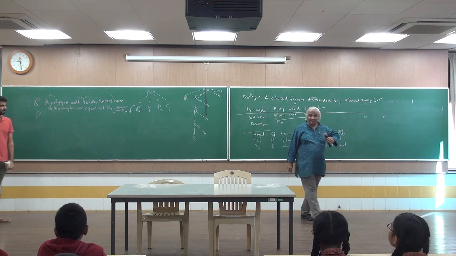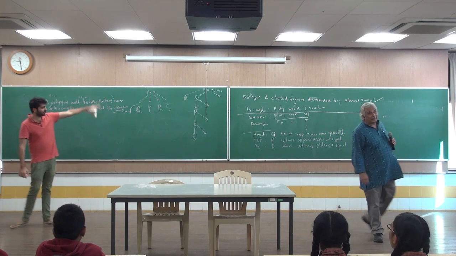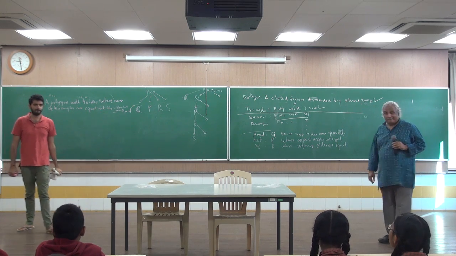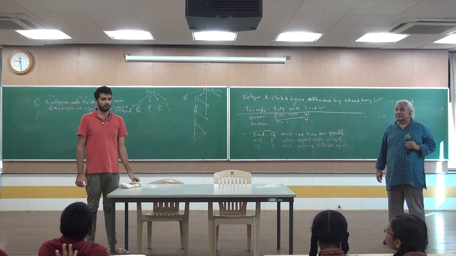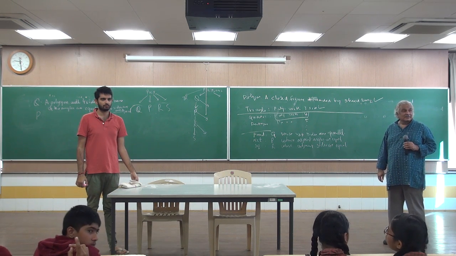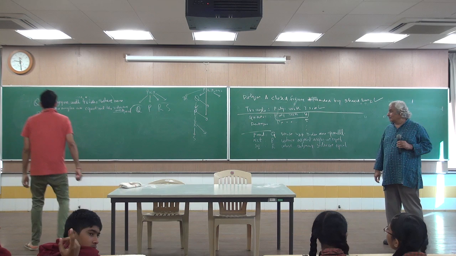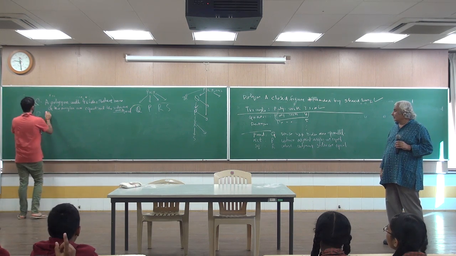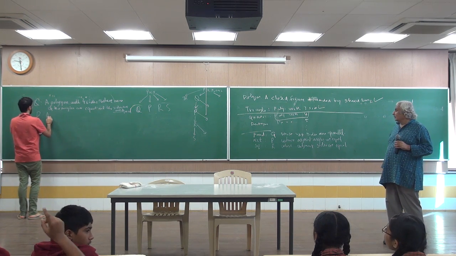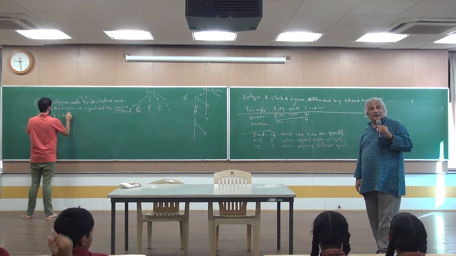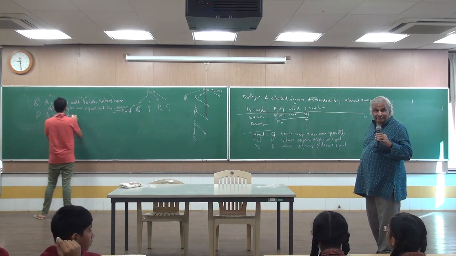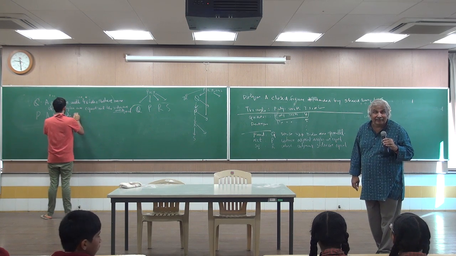What is a parallelogram now? By this, it's a polygon with two sides parallel. Opposite sides are parallel. A polygon with opposite sides parallel, and adjacent angles are supplementary.